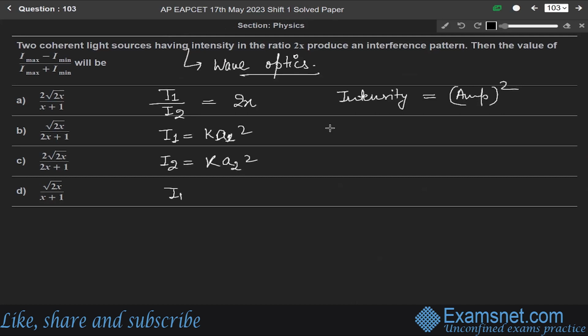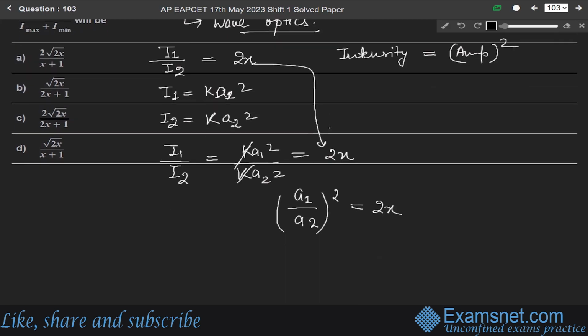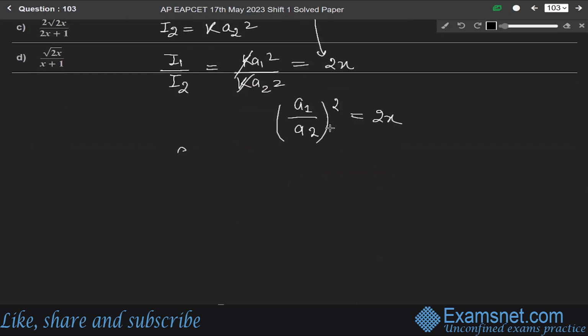So I1 over I2 will be K A1 square over K A2 square. K cancels, so A1 square over A2 square is 2x. So A1 over A2 whole square equals 2x, and from here A1 over A2 is equal to under root of 2x.